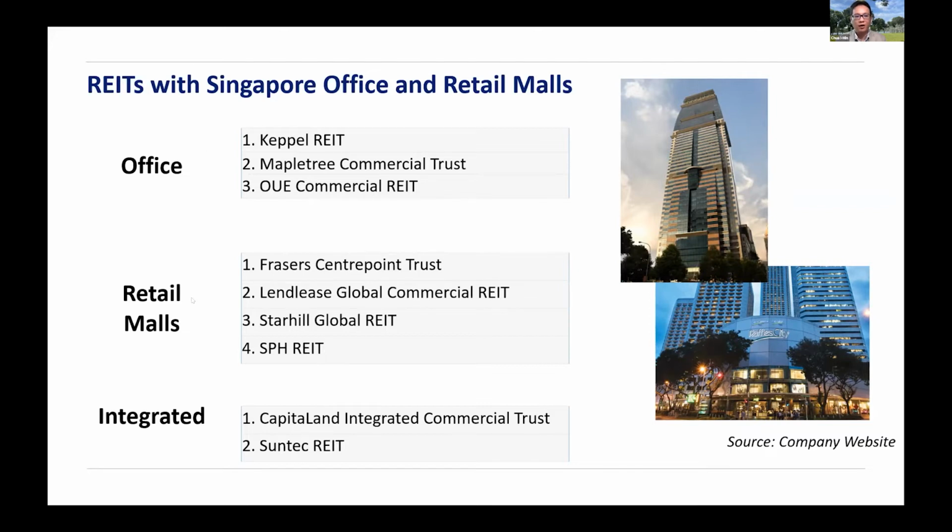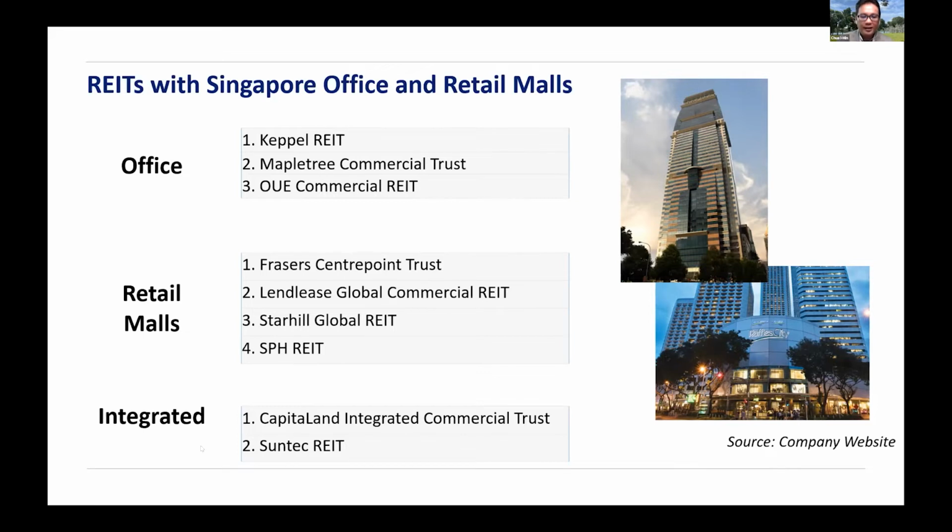As for retail malls, we only have 4: Frasers Centrepoint Trust, Lendlease Global Commercial REIT, Starhill Global REIT, and SPH REIT. For example, Starhill also has quite a bit of property in Malaysia, I'm quite sure you all know. Lendlease actually has a property in Italy, but of course their main property is in Singapore.